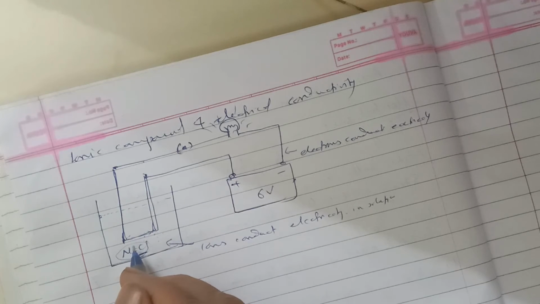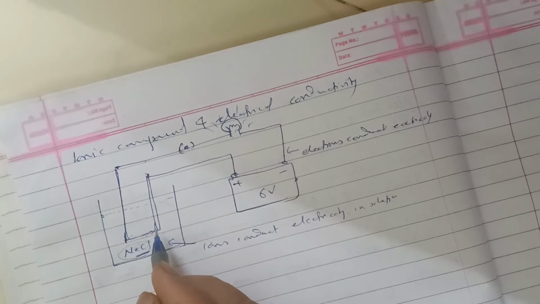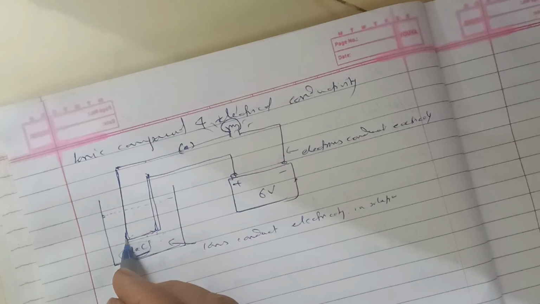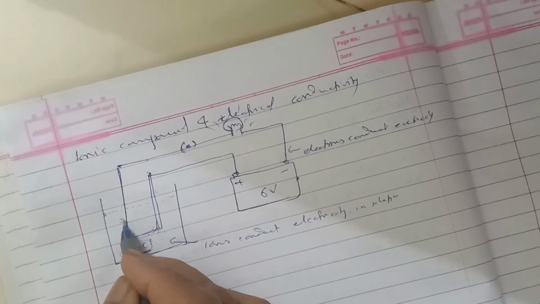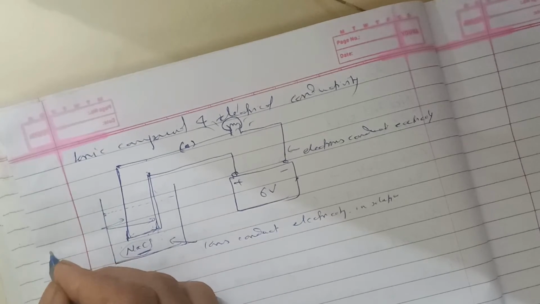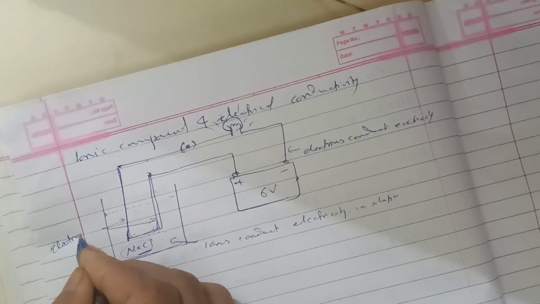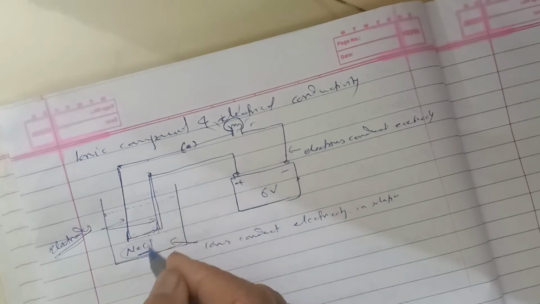When there is a liquid or a solution in a circuit, the two rods or plates complete the circuit. These two rods, known as electrodes, dip into the solution.